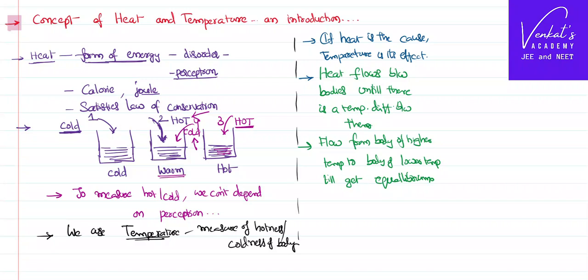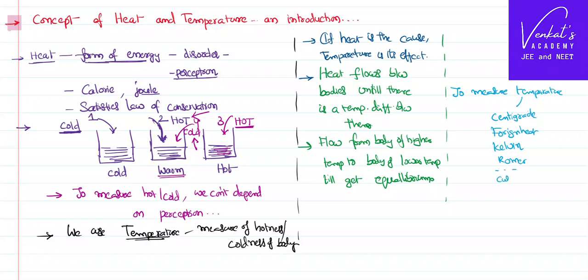So to measure heat, we have calories or joules. Similarly, to measure temperature, we have different scales, such as the centigrade scale, Fahrenheit scale, Kelvin scale, Romer scale, or you can have your own custom scale.